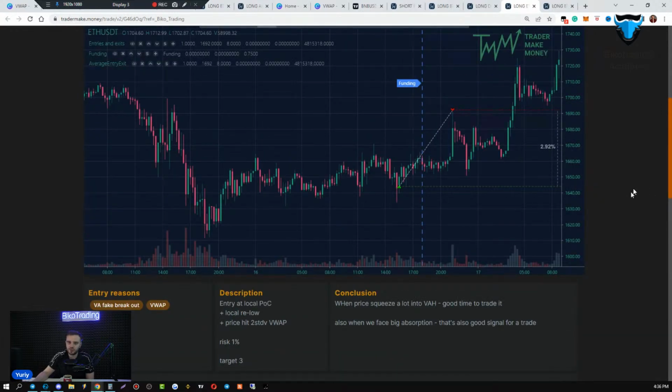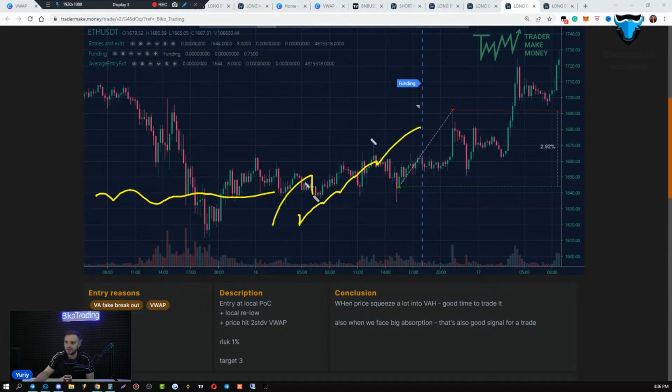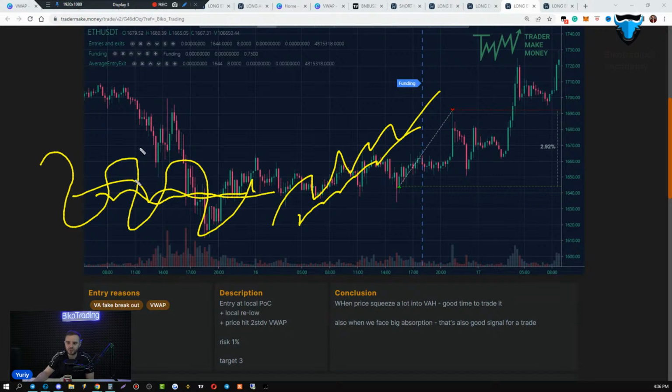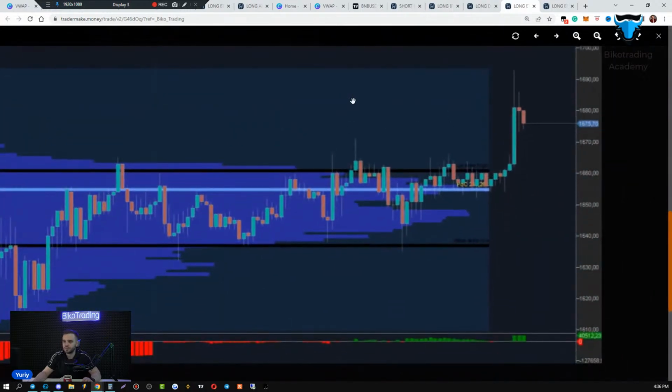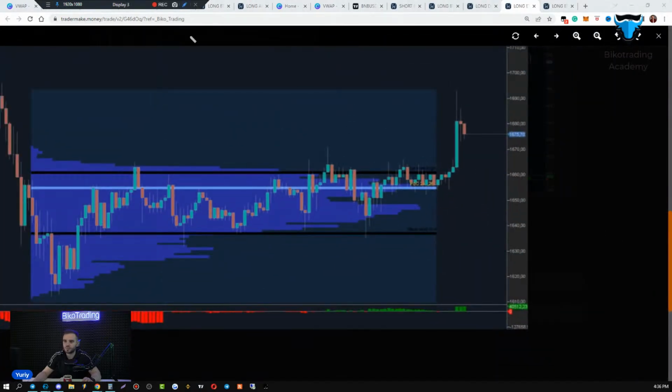Because what's the major idea of VWAP? VWAP can show you how value develops through a day. If you can see VWAP rising, it's a signal of a trend day, and quite often VWAP works as a support. When VWAP is flat, it is a signal that we are in a range, and when price gets out of the second standard deviations, it would be a good opportunity to take a trade, because whales, institutionals, when they build a position, in most cases build it in the middle of this range.